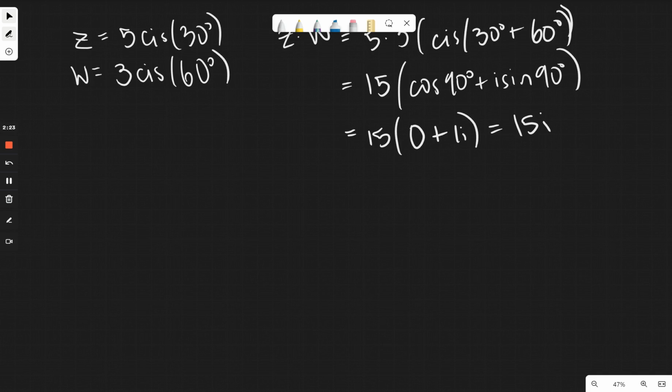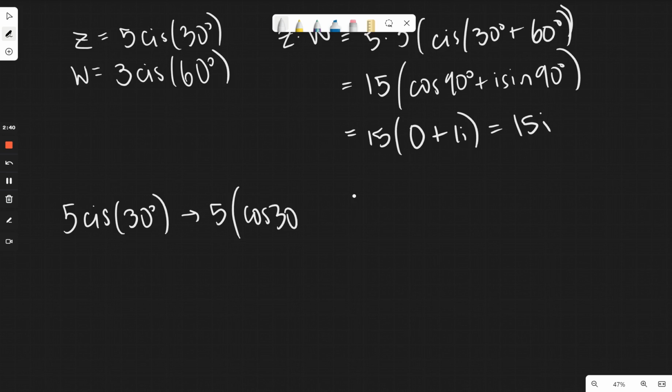which let me just show you so we have more practice with complex numbers in general. You can skip this part if you want. So I want more practice converting from polar to the form a plus bi. So 5 cis 30, that's 5, remember r, times cosine 30 plus i sine 30.